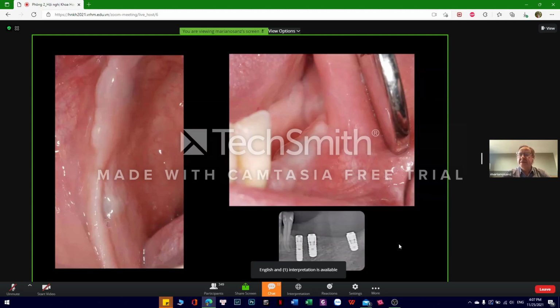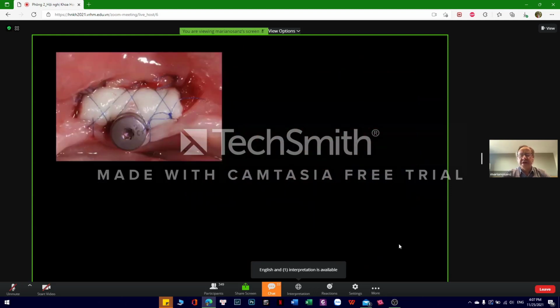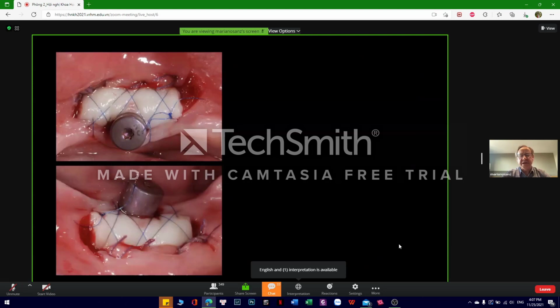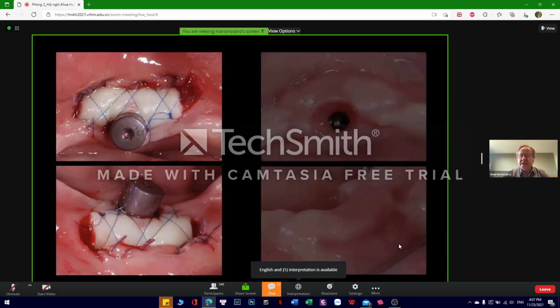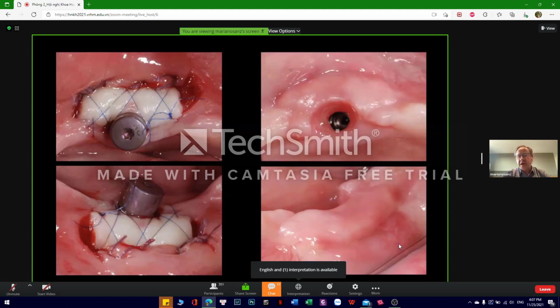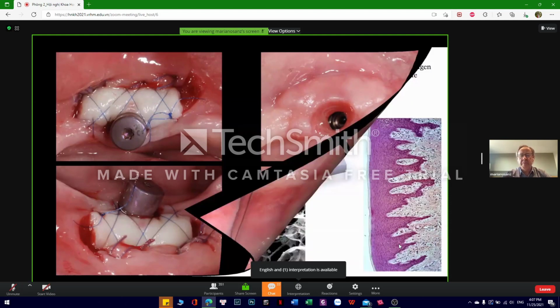However, this is the standard of care, and as you can see in these cases, when the second stage surgery uncovers implants that were placed under the mucosa, at the same time a free gingival graft is placed to provide a wide band of keratinized tissue around these mandibular implants.